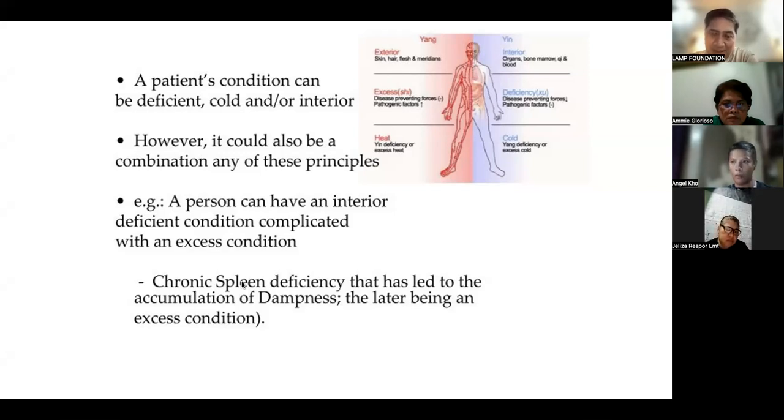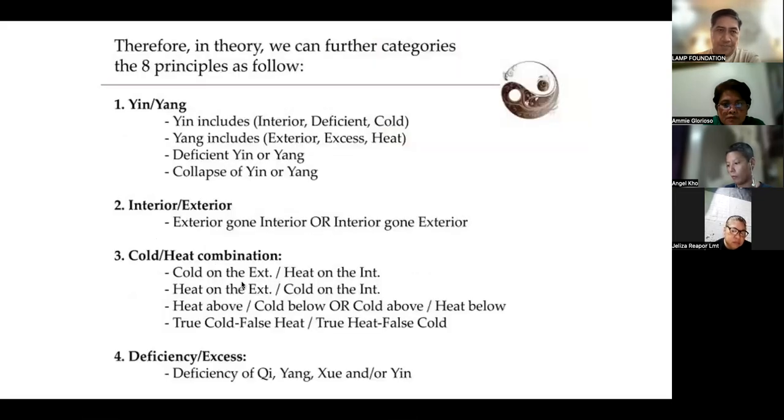There will be dampness. Ano po ba ang dampness? Excess or deficient? Excess po. Okay. So, this is a very good example of a deficiency leading to an excess situation.